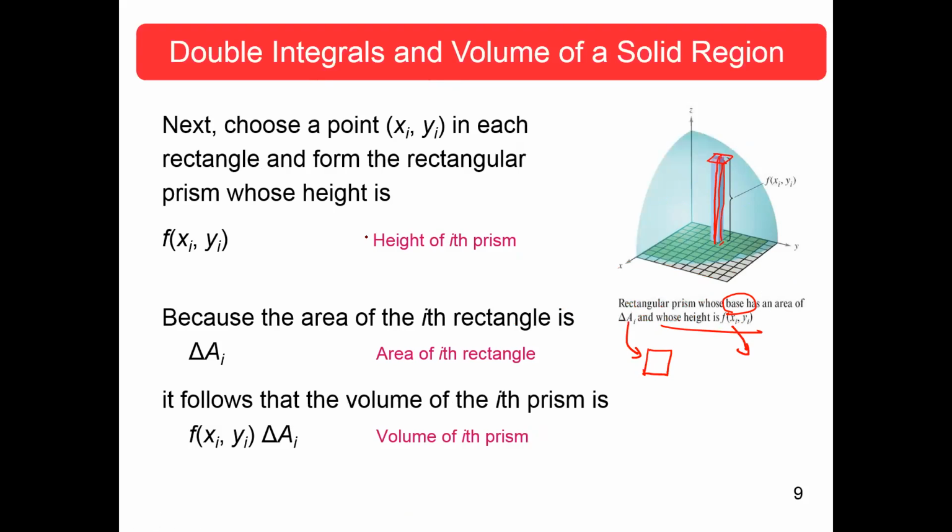So we have these two identities. The height of this prism will be the function value, which is similar to what we had in two dimensions. The area of the i-th rectangle, let's just use delta A sub i, because this is the i-th rectangle.